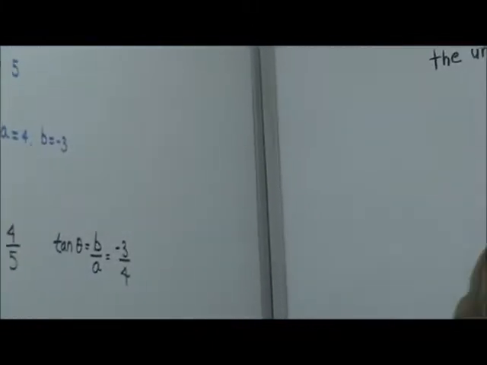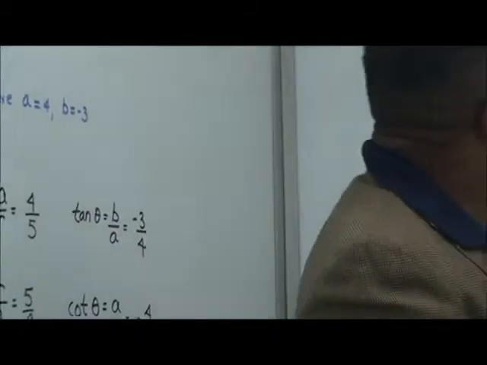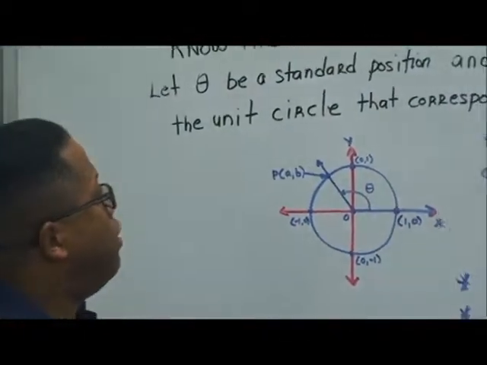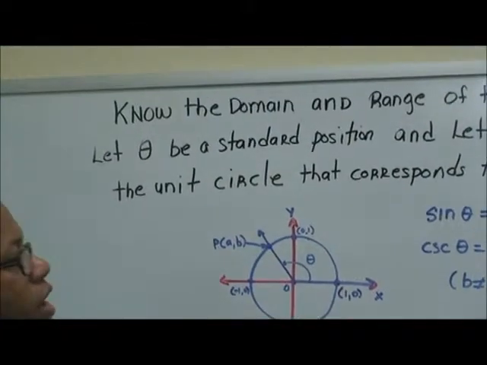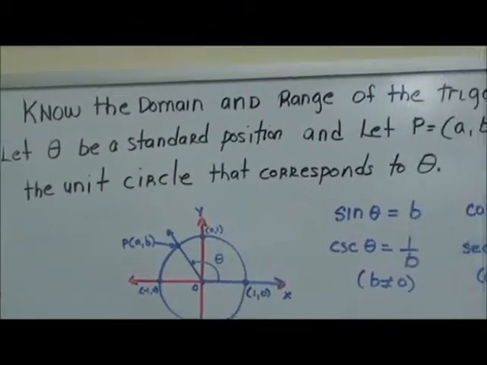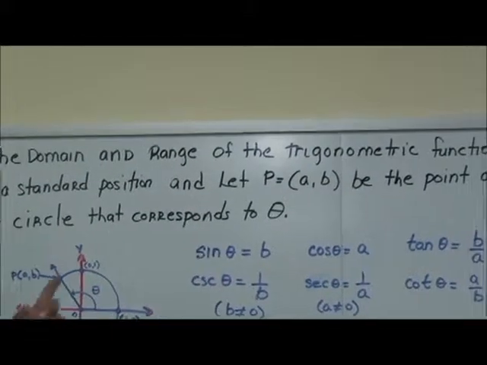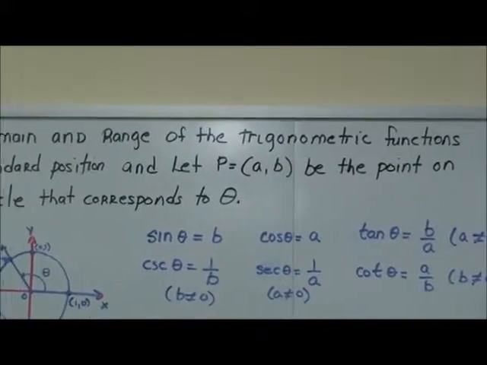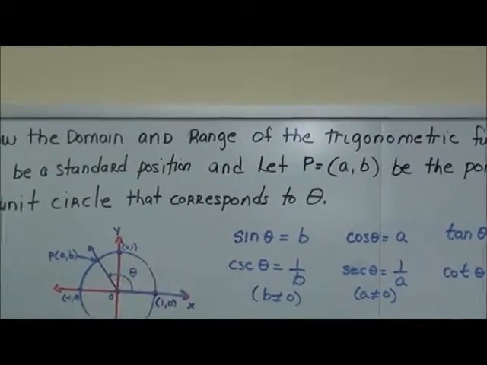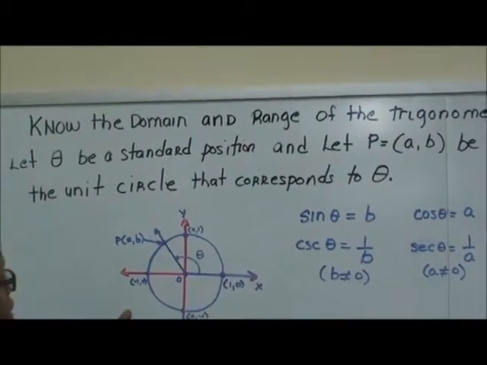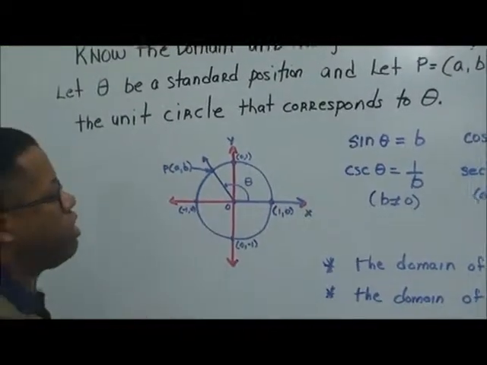Now let's talk a little bit about the domain and range. It is very important that we talk about the domain and range of trigonometric functions. So let theta be in standard position, and let P be some point on the unit circle that corresponds to theta. Look at this here. This is our unit circle.